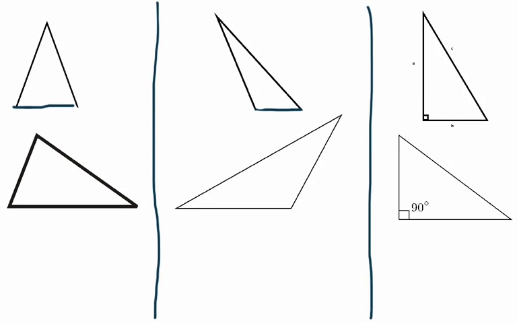What it is with this first row right here, if you look at all three of these angles, they are acute angles, which makes them acute triangles. And if you look at these, you will see that instead of all three angles being acute, there is one angle here and here that is not acute.